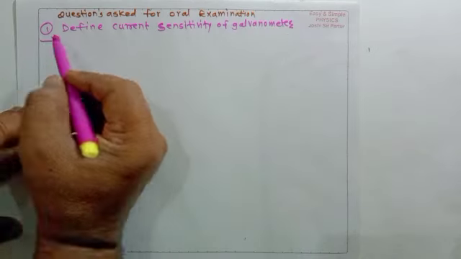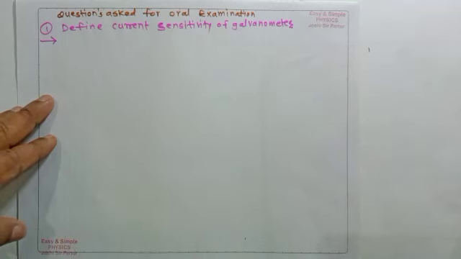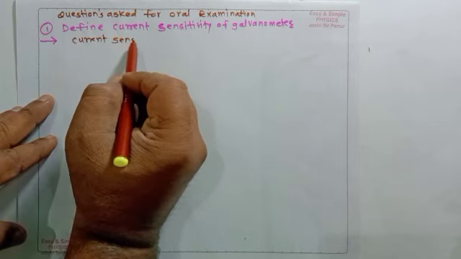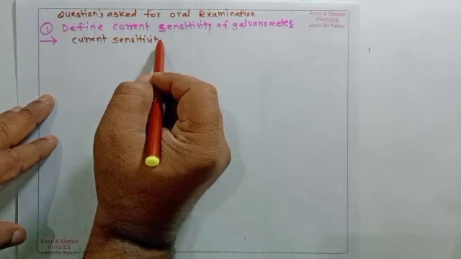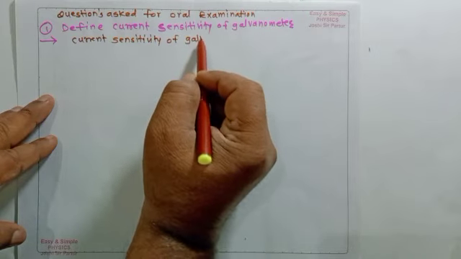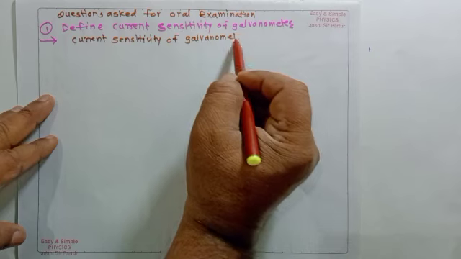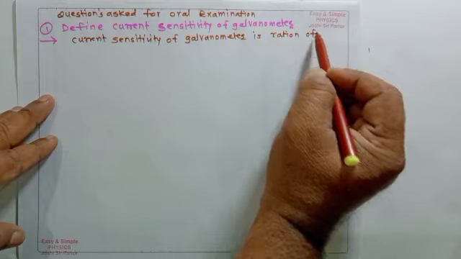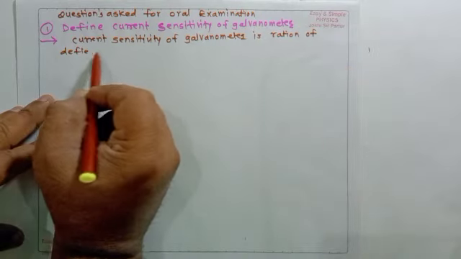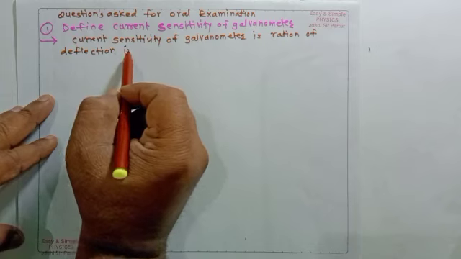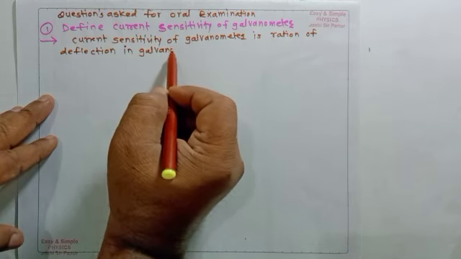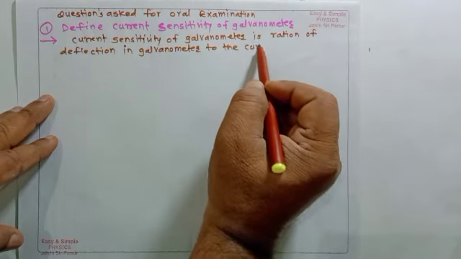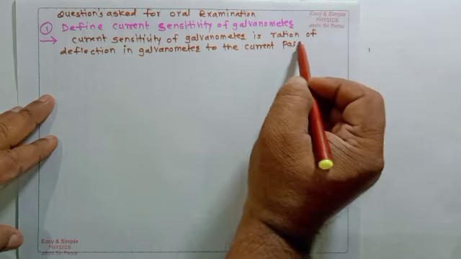So the answer for this question: current sensitivity of galvanometer is the ratio of deflection in galvanometer to the current passing through galvanometer.